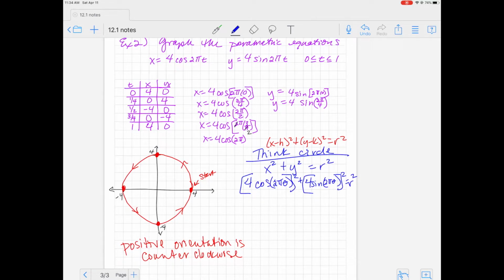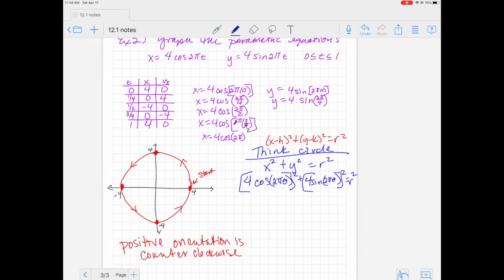All right. So if I have this x value here and this y value, then square those things. I've got 16 cosine squared of 2 pi theta plus 16 sine squared of 2 pi theta. This is equal to r squared. Well, what do you know here? There's a 16 in common. We could totally factor that out.